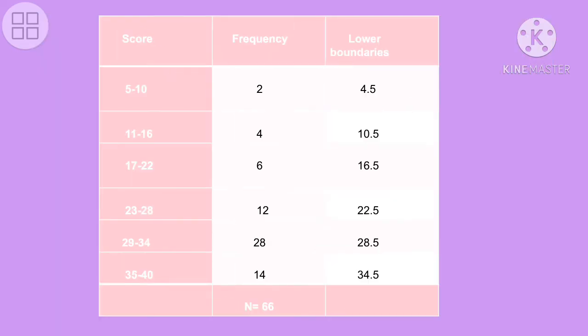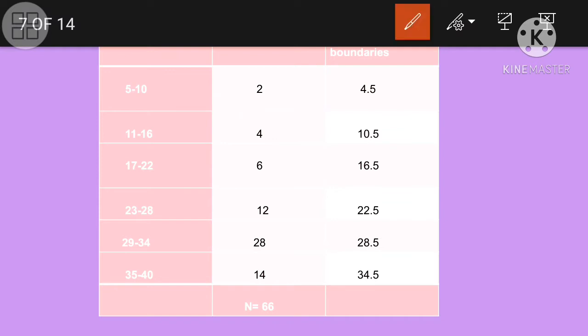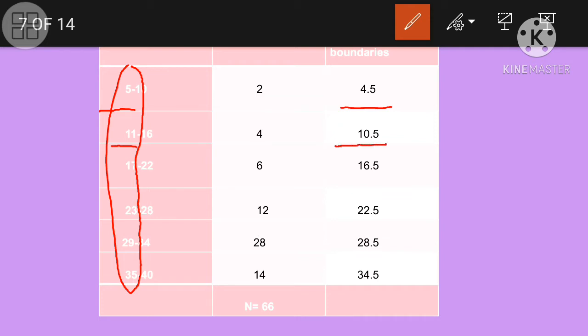So first, compute for the lower boundaries. On computing the lower boundaries, we need to look for the scores and subtract 0.5. 5 minus 0.5 is equal to 4.5. 11 minus 0.5 is equal to 10.5. 17 minus 0.5 is equal to 16.5.